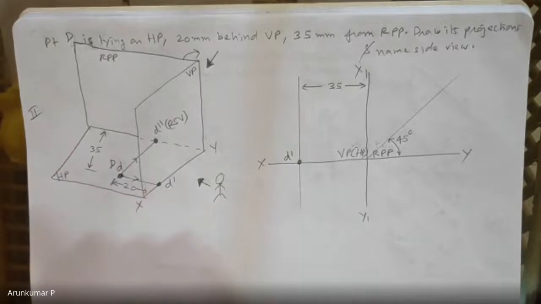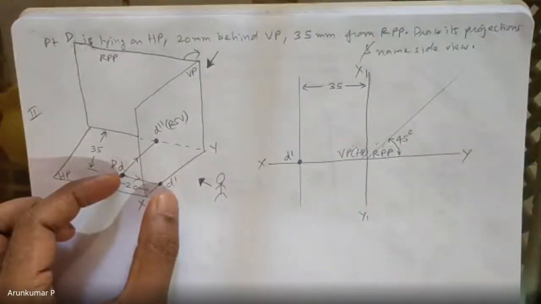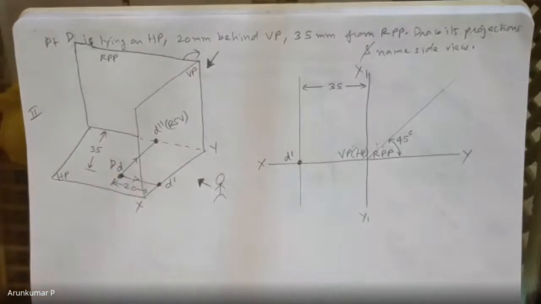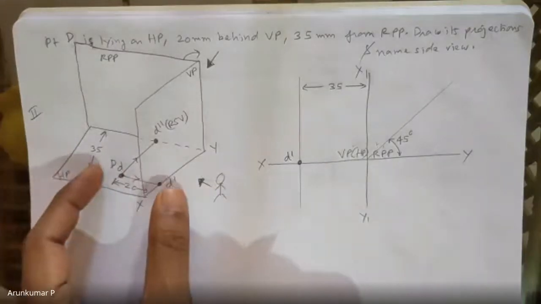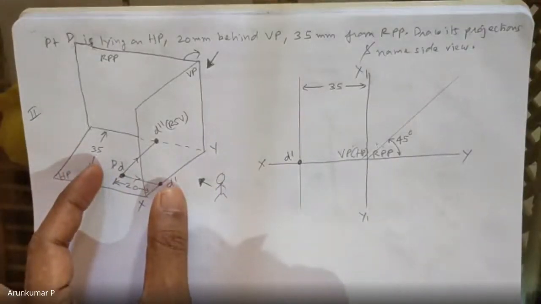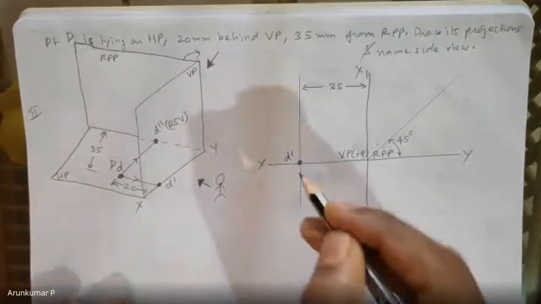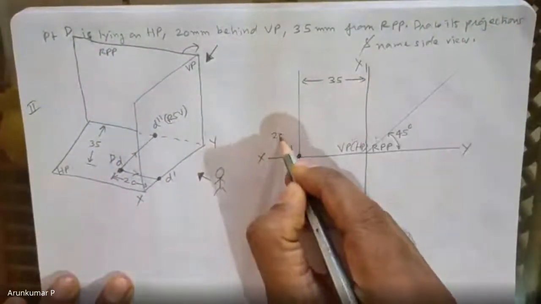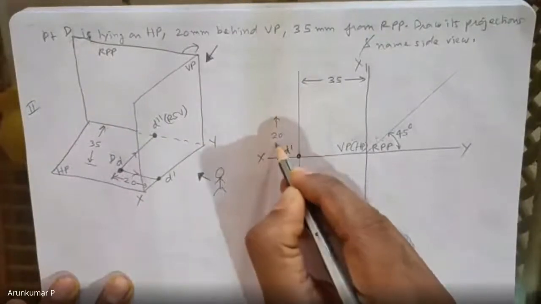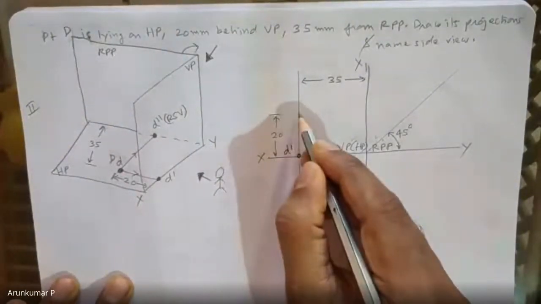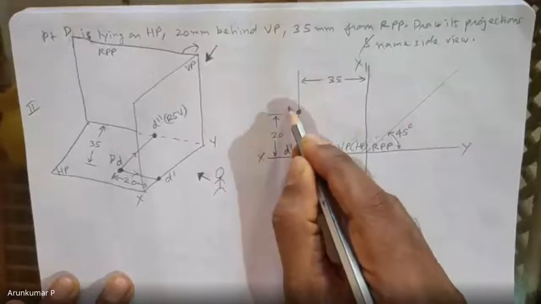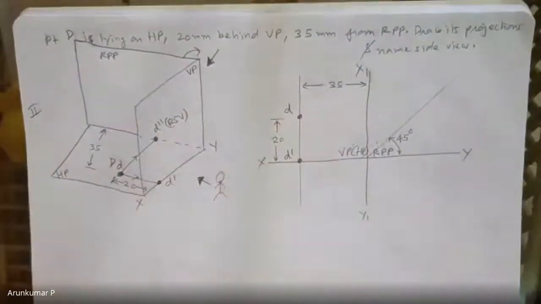At what distance from the XY line? 20 mm. So the 20 mm horizontal line, when I rotate HP, what will happen to this? It will become a vertical line. So 20 mm would be like this. So this is where you get the top view D.